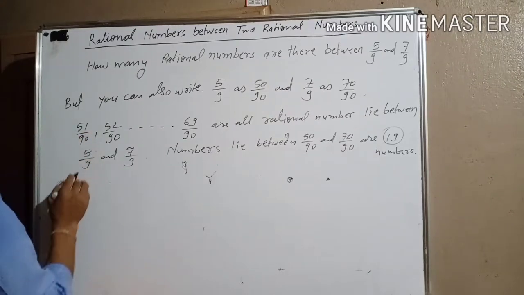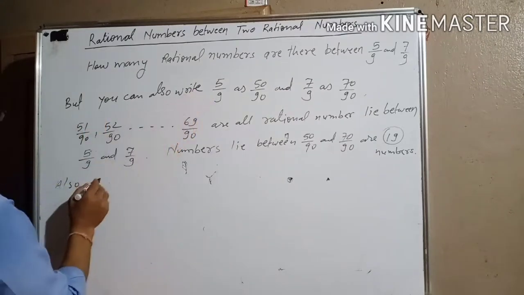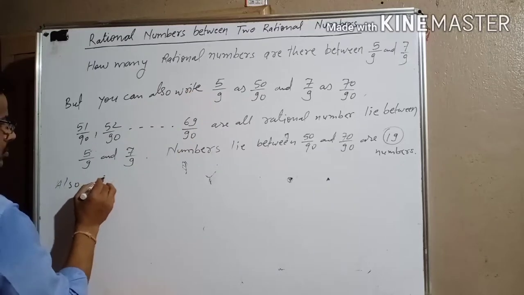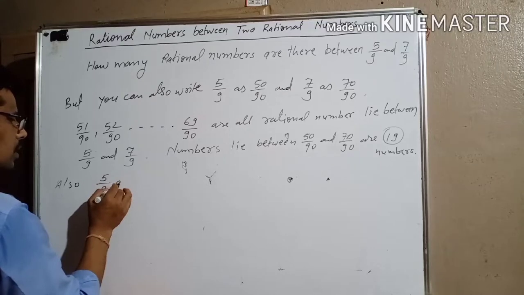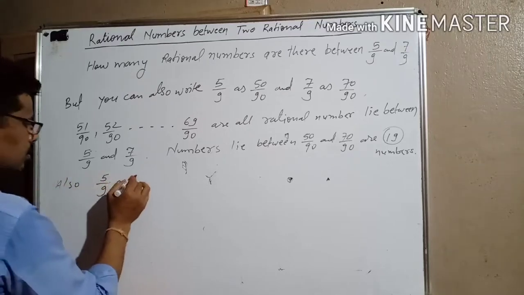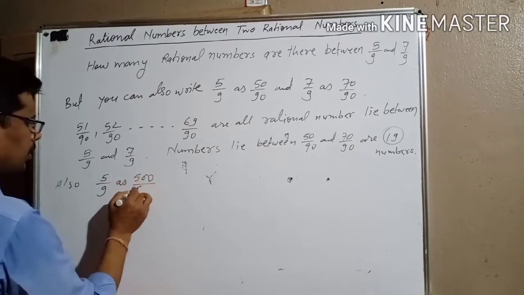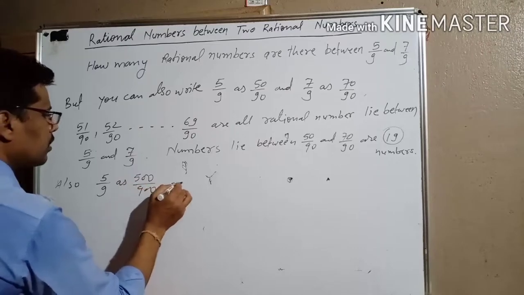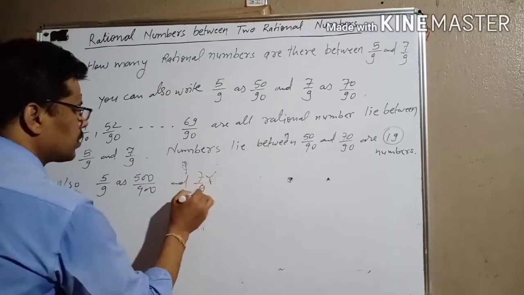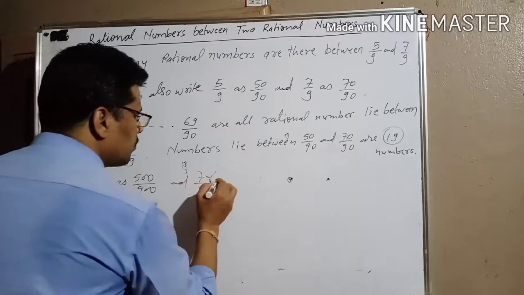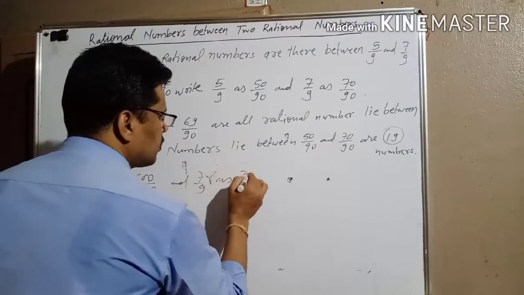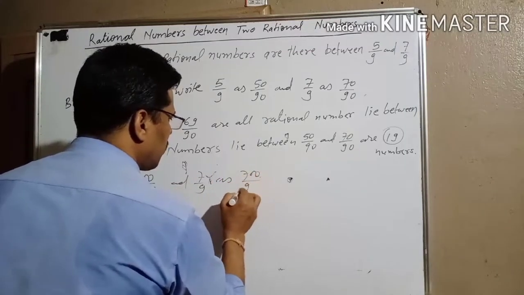Also, you can write 5 upon 9 as 500 upon 900 and 7 upon 9 can be written as 700 upon 900.